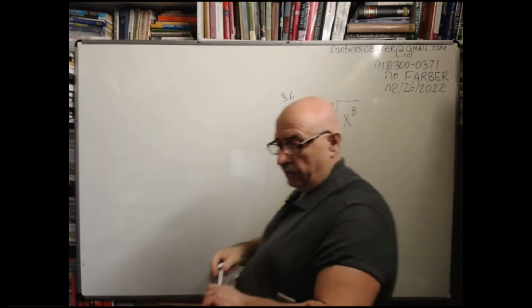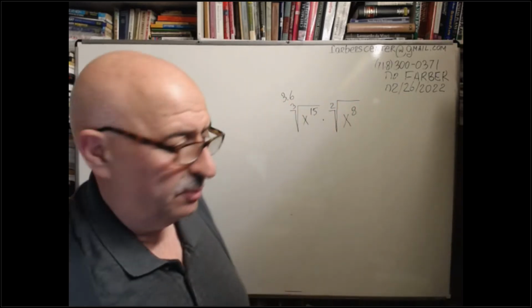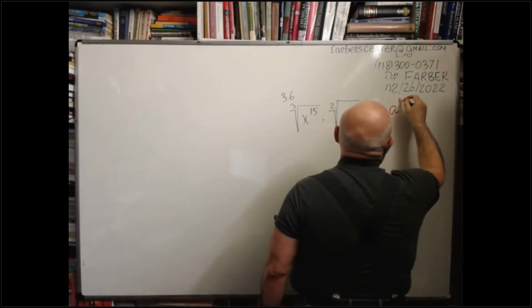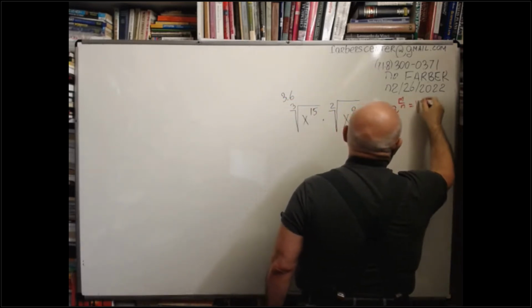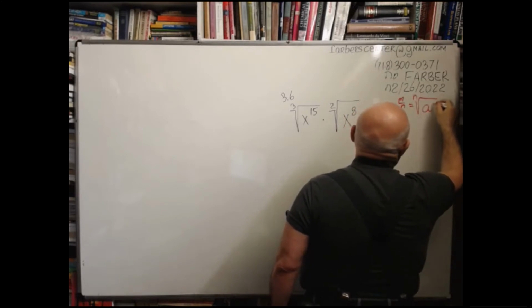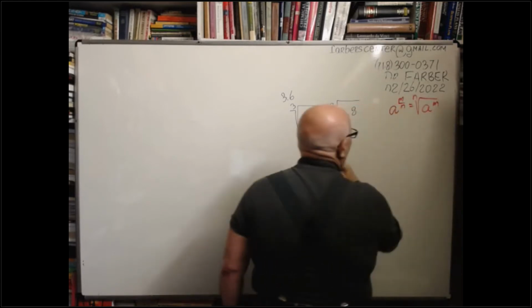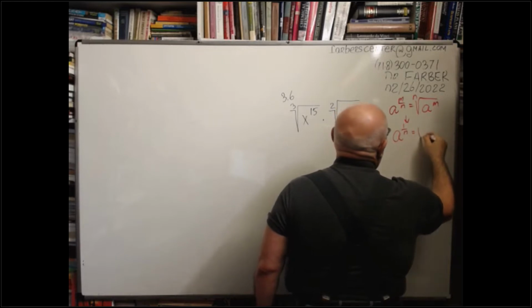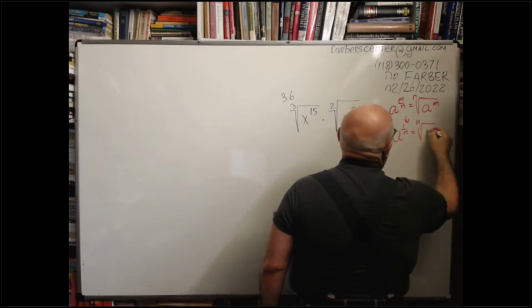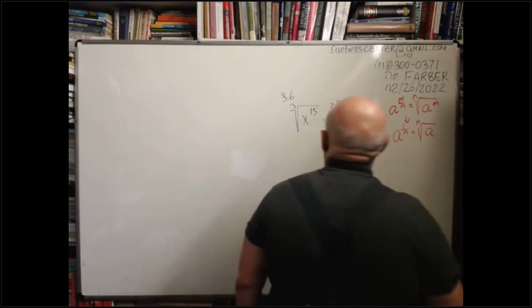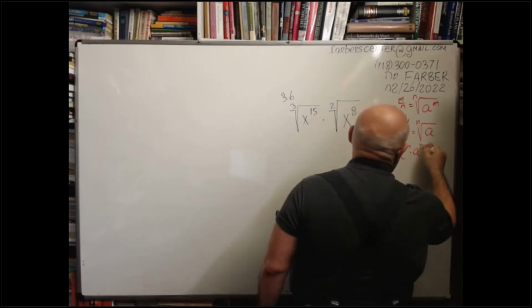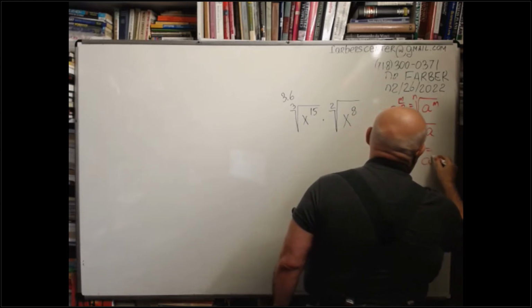Let me just remind you of formulas you're supposed to know. Formula number 1: a to the power m over n equals nth root of a to the power m. Or a derivative of this formula: a to the power 1 over n equals nth root of a. Next formula I need: a to the power m times a to the power n is a to the power m plus n.